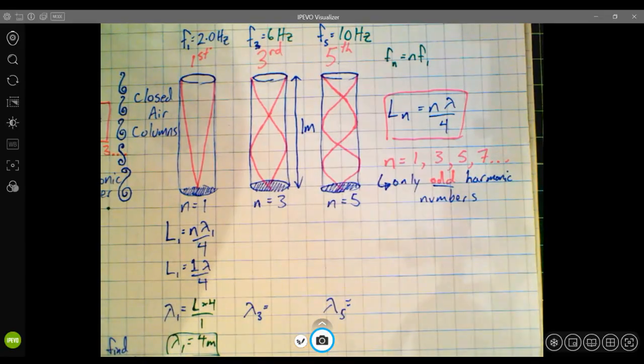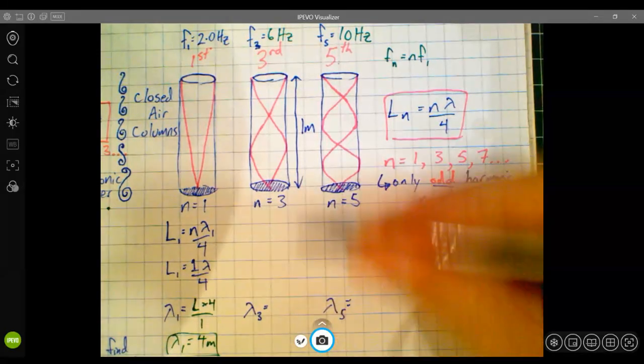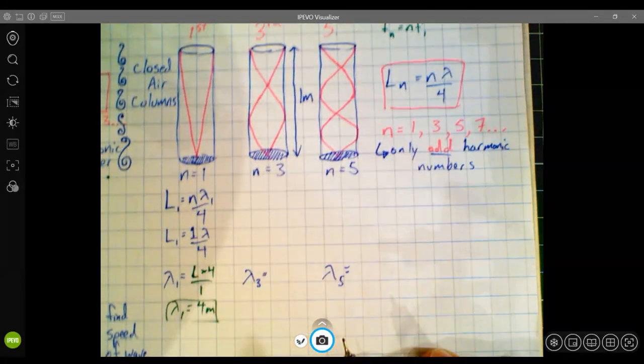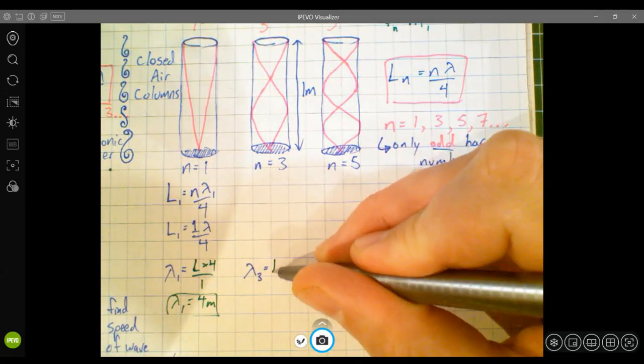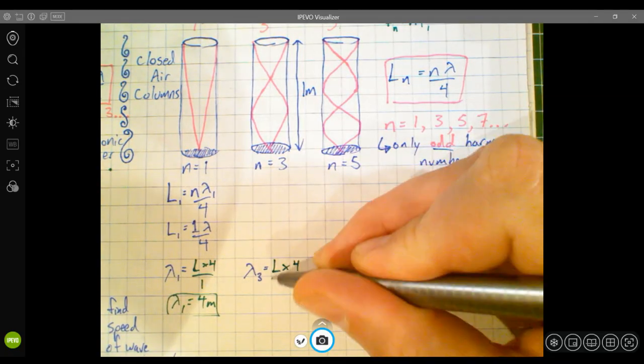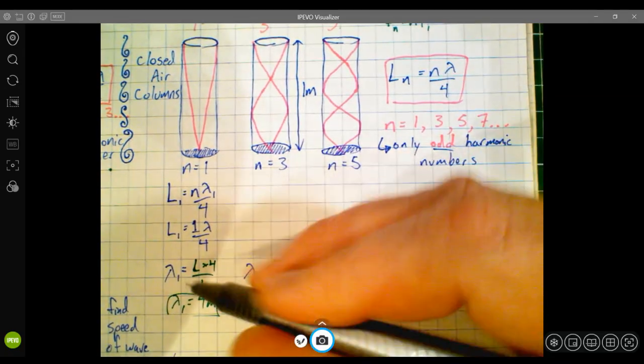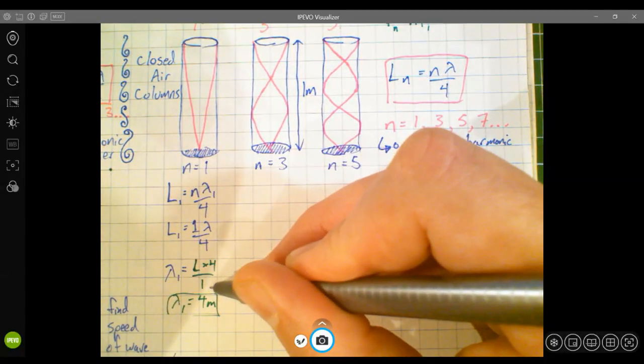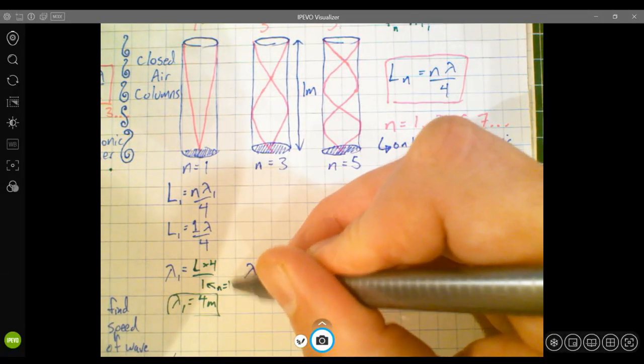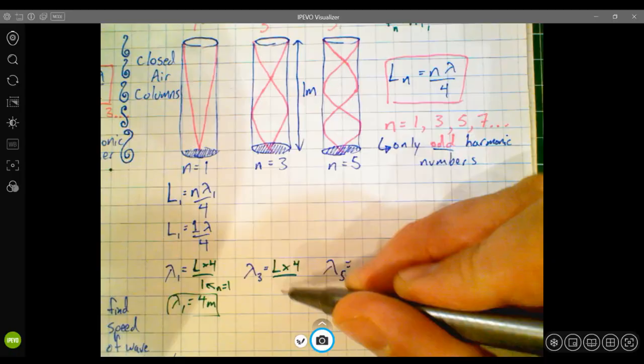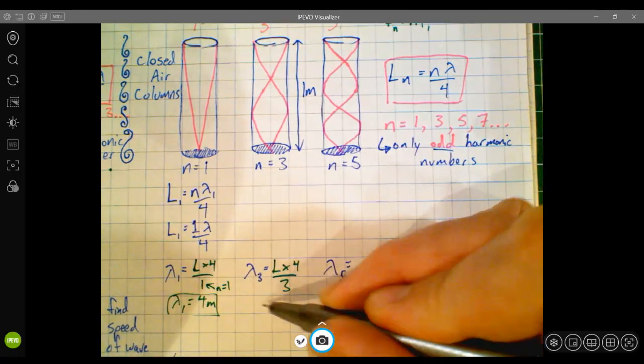I want to do the same thing for the other drawings. And I could say that it's still going to be L times 4, but this time the n value, remember this one was n equals 1, this time the n value is going to be equal to 3.